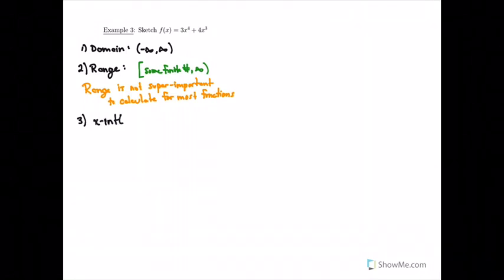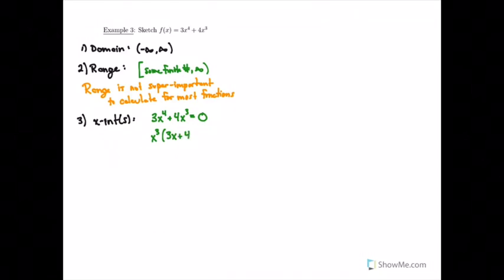Anyways, here we go. X-intercepts. We're going to set the function equal to 0. And we're going to factor that. We can take out an x cubed.